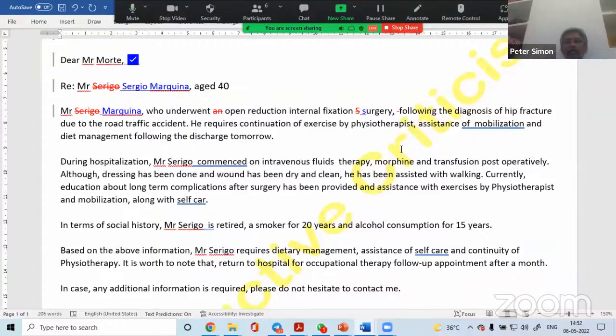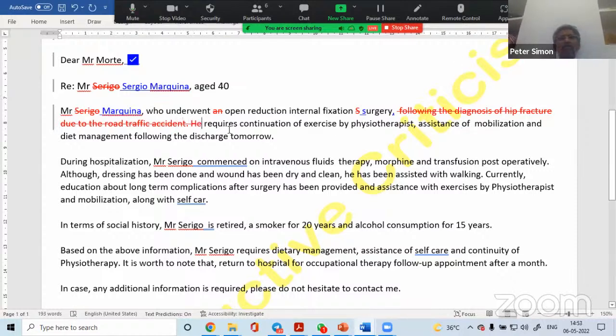Remaining things you can write in the next paragraphs. Heading is heading. Short and sweet. That's all. Then you can eliminate all this: road accident, hip fracture, all these things. Why here? That's enough.